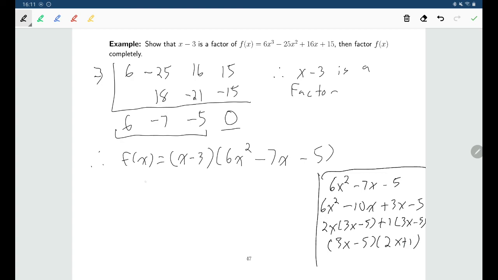So now we can go back and say f of x factors as x minus 3 times 3x minus 5 times 2x plus 1. And that's as factored as it's going to get, so that is where we would end with f of x.